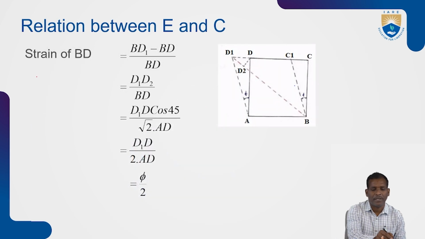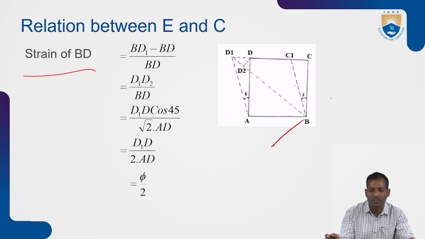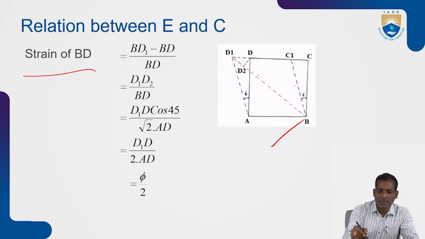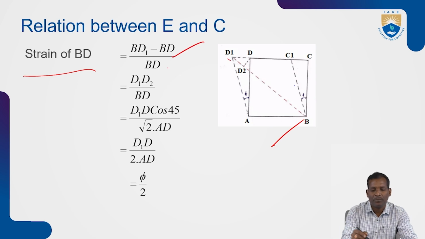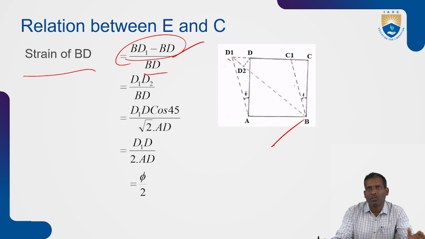Now the strain of BD. See in this diagram, the strain is BD1 minus BD by BD. So that is the change in length. It is elongated, so how much elongated? BD1, minus the previous one, BD.